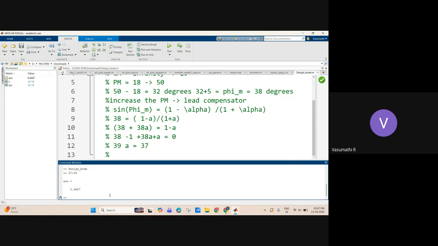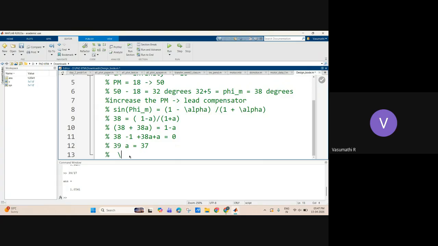So, 37 will be greater than 1, right? Okay, your alpha will be 0.9. So let's keep your alpha as 0.9. Okay. Right. That's how we find a compensator.